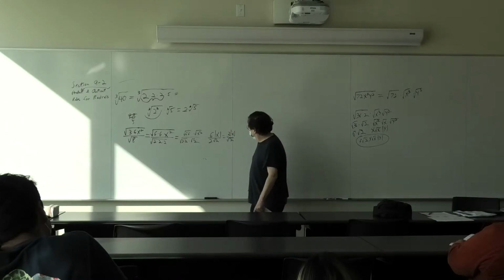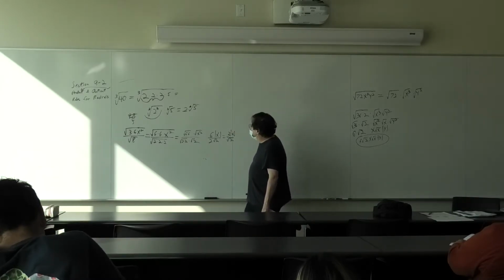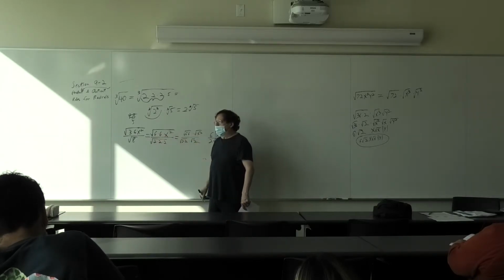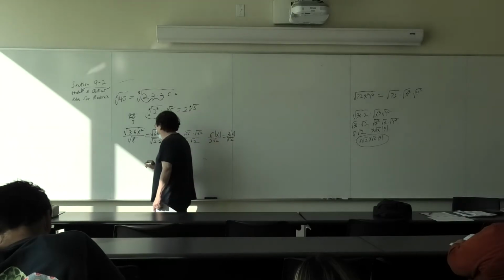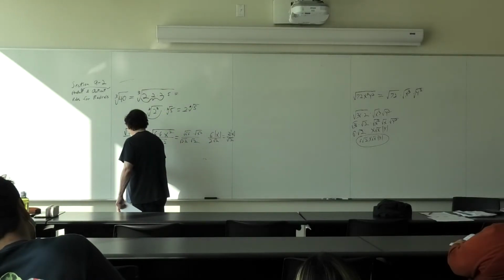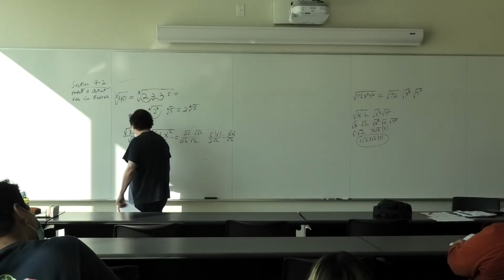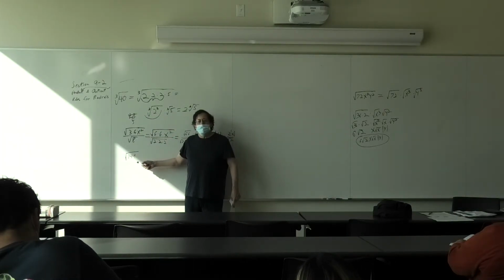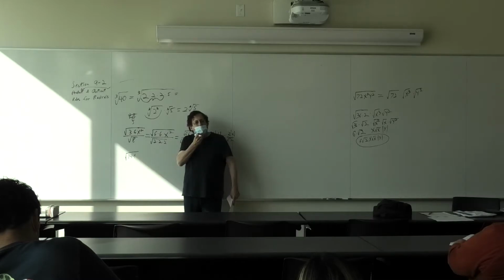Did I get the same answer that time? I hope so. It's kind of your level, right? If I wrote down this, does anyone know what the square root of 144 is? You do.